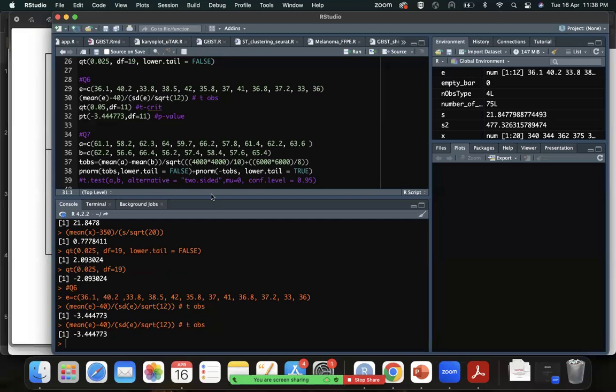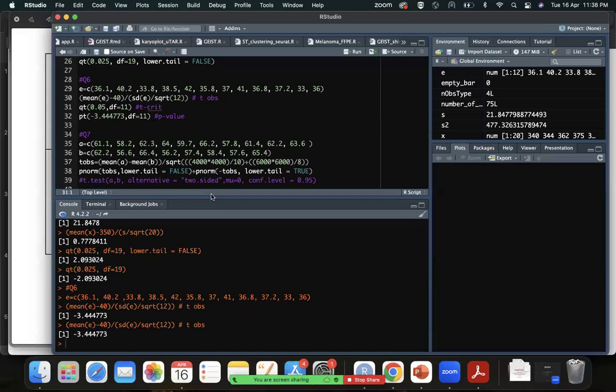This is giving me minus 3.44477. And what was T critical? It was minus 2 point something, right?